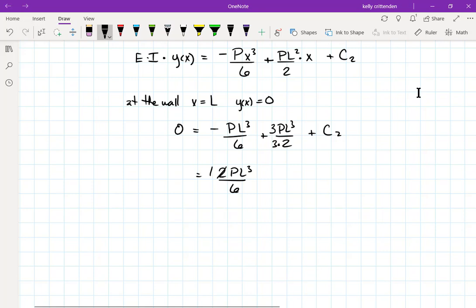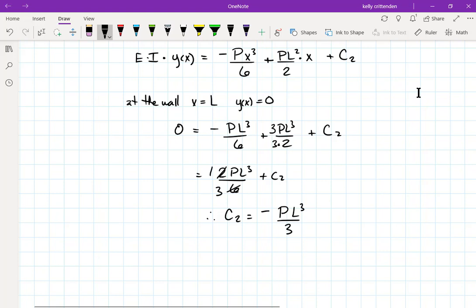So we can simplify that a little bit. And C2 would move over to the other side, or well, it's positive on this side. We'll move the PL cubed to the other side. So C2 is equal to negative PL cubed over 3.